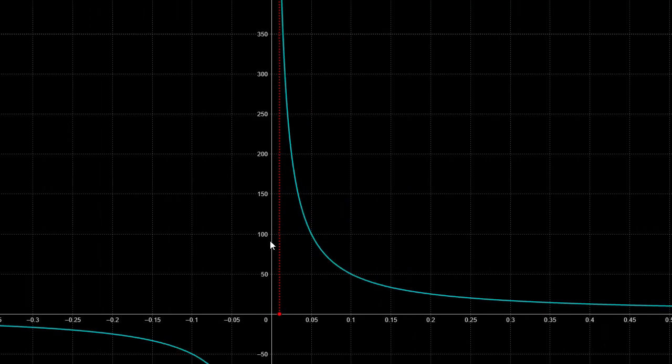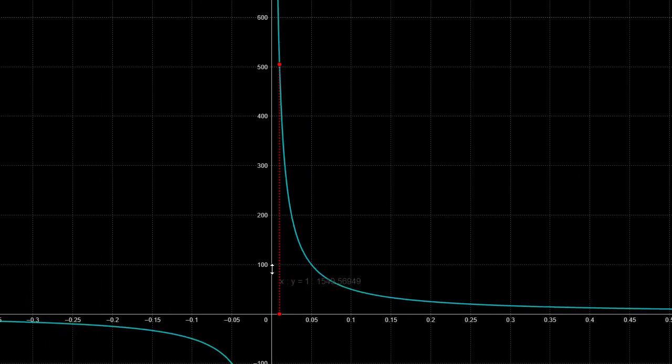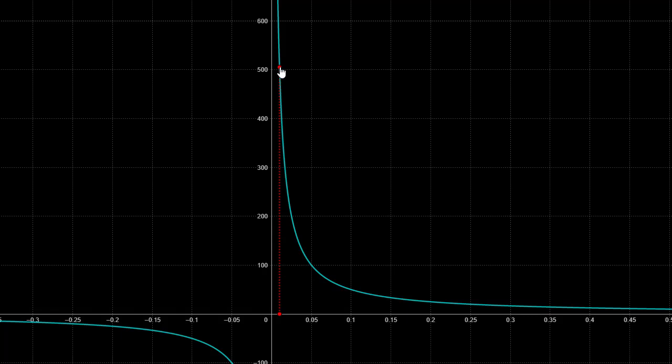So now we're all the way up here over 500, and no matter how far we zoom out, we can always get close enough to zoom right off the graph.